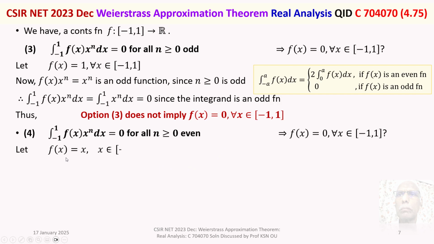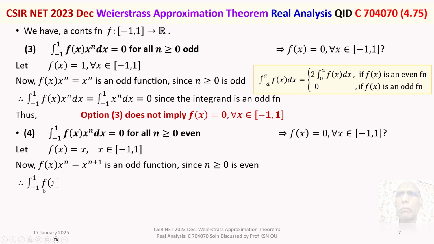Consider f of x is equal to x for all x belongs to -1 to +1. Now, f of x into x to the power of n will be x into x to the power of n, x to the power of n plus 1. But what is n? n is even. What will be n plus 1? It will be odd.